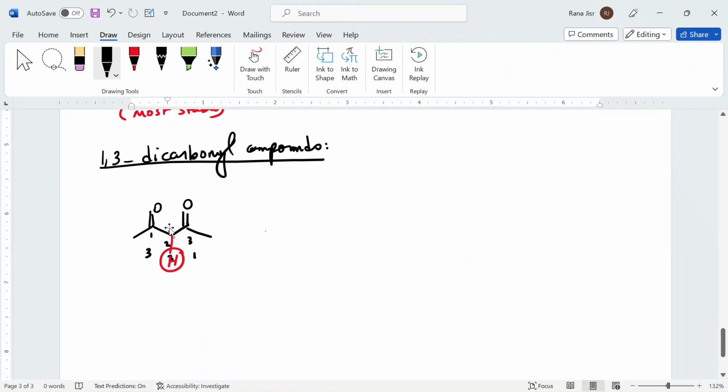This hydrogen is going to go to the oxygen, and this double bond is going to move between the carbonyl and the alpha carbon. This enol form is way more stable than the keto form. So my direction of equilibrium is going to be towards this form and a little bit towards the keto form. This is the keto form and this is the enol form.